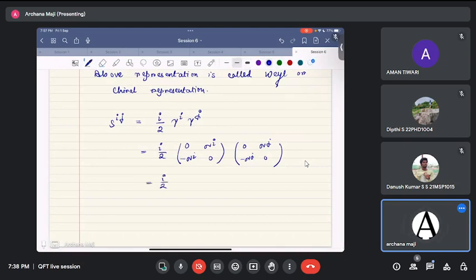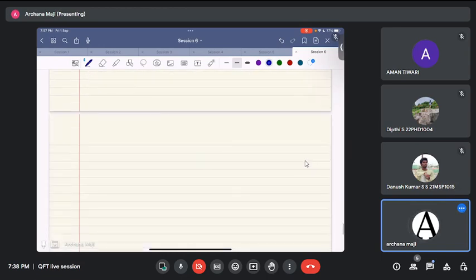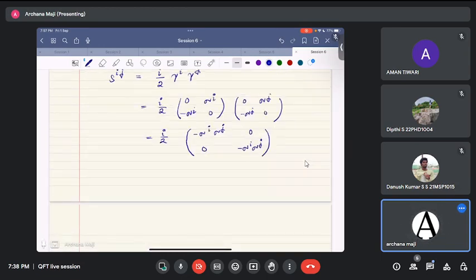So i over 2, minus sigma i sigma j, okay, and sigma i sigma j is equal to i epsilon ijk sigma k.